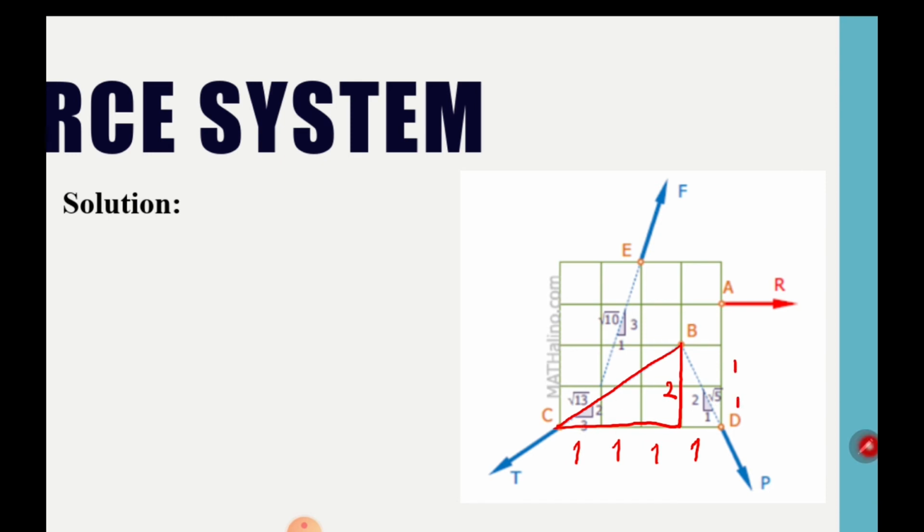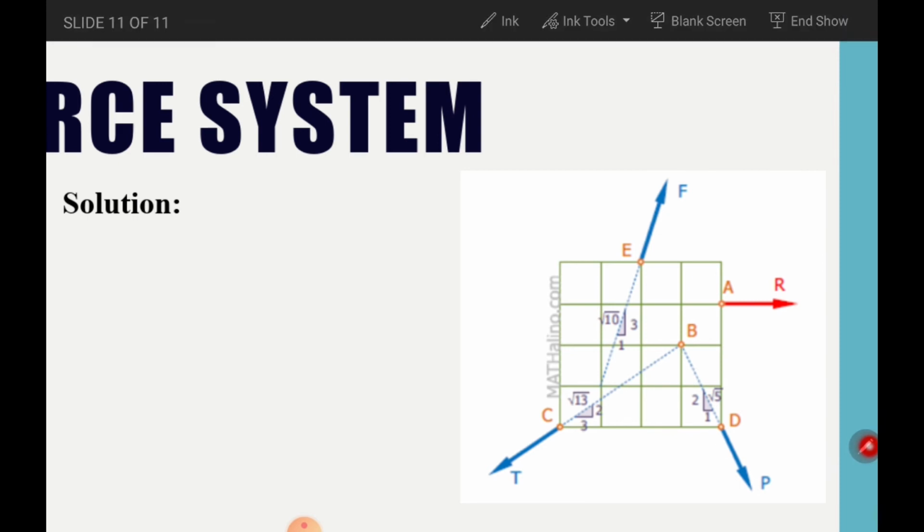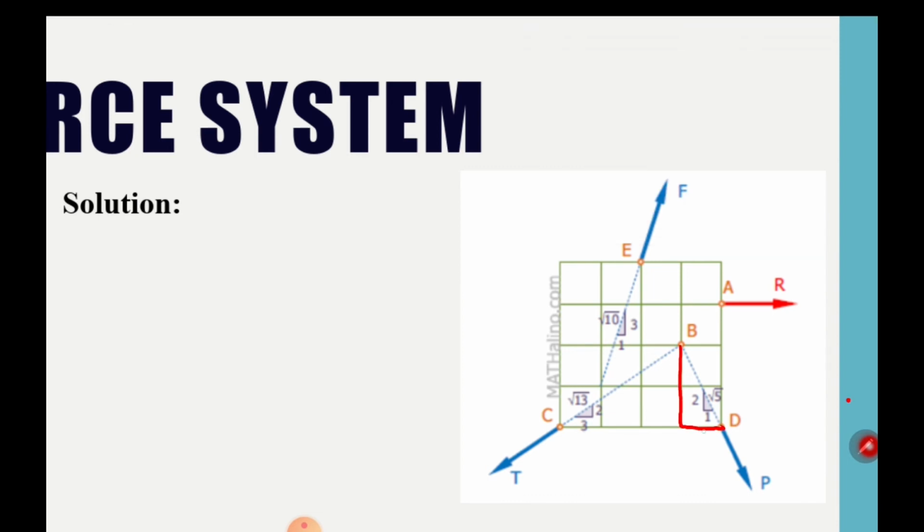Kasi ito 1, 1. Pagdating naman dito sa x is 1, 2, 3. Kaya 2/3. Okay? So, pagdating naman dito sa P, meron tayo ditong tinatawag na 1. Tapos, ito ay may 1 dito, may 1 dito. So, ang equivalent simula niyan hanggang dito ay 2. So, 1/2 din to.